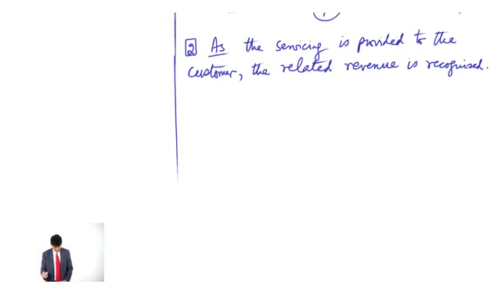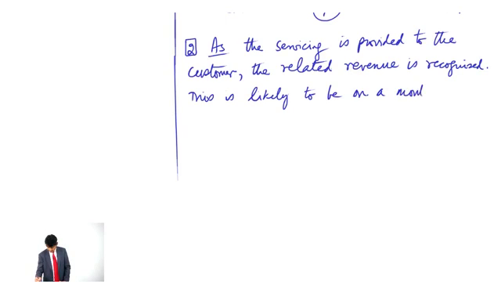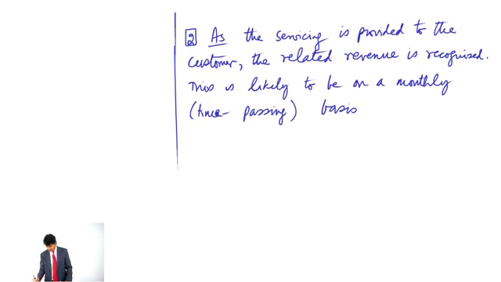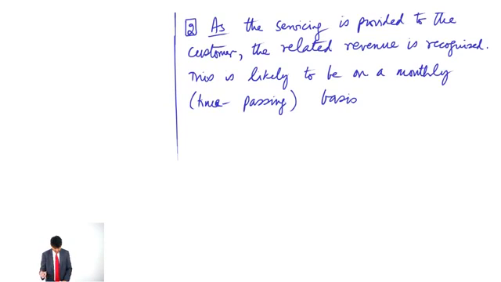The related revenue is recognized. This is likely to be on a monthly time passing basis. This is where the new IFRS 15 is so strong, much better than the old IAS 18. Time passing basis.